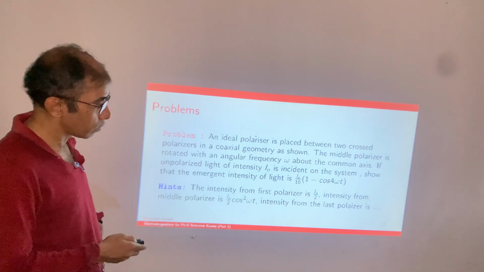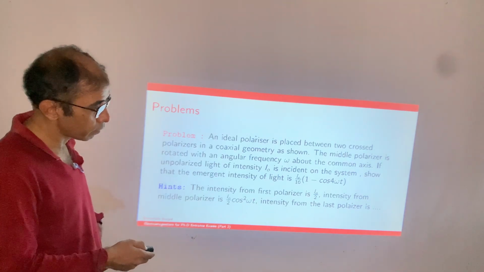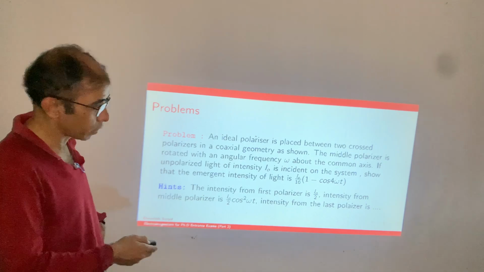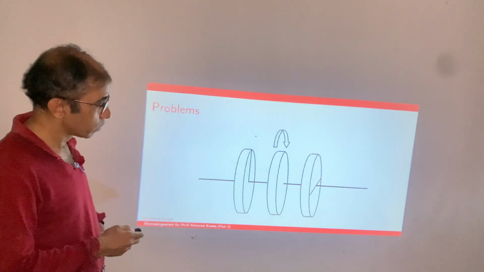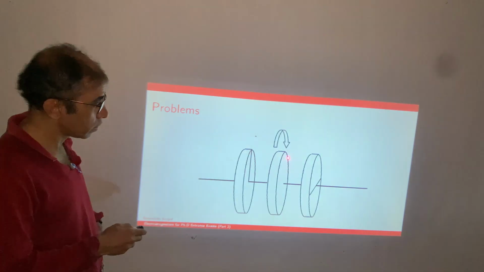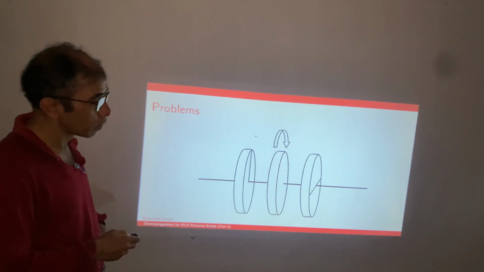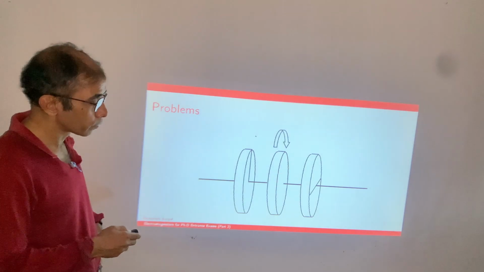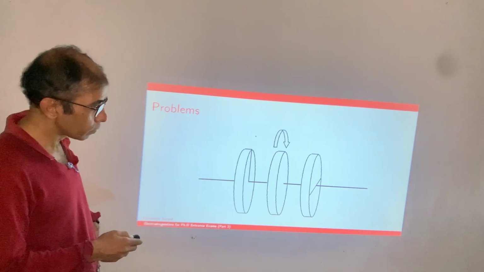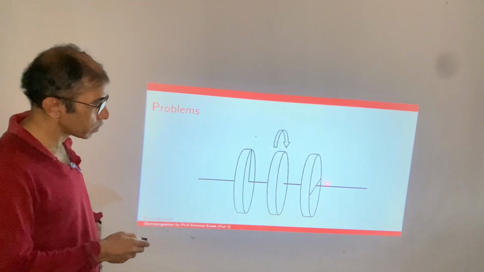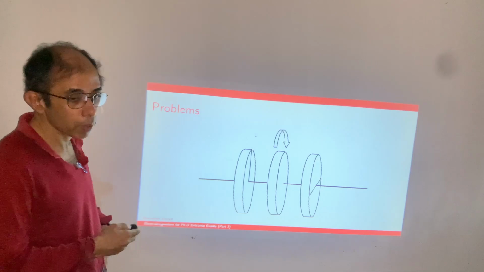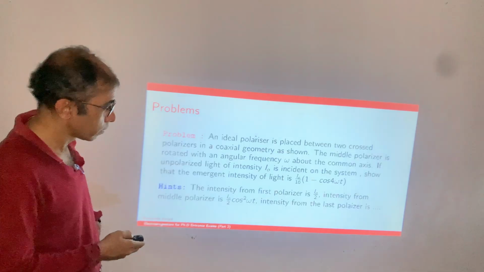And what is the amplitude that we get from the last polarizer? If this and this direction make an angle of omega t, then this direction and this direction make an angle of pi by 2 minus omega t.